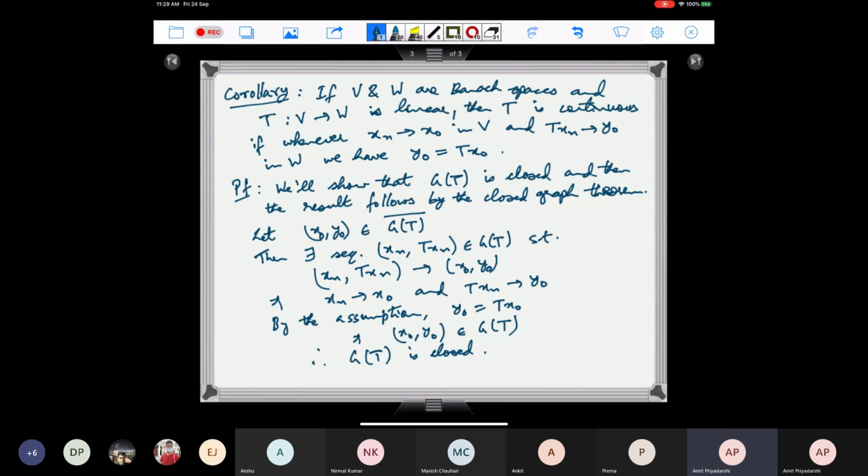So for a linear transformation between two Banach spaces, to prove continuity, you can assume that there is a sequence xn converging to x naught and Txn converges to y naught, and then just prove that y naught is equal to T of x naught.